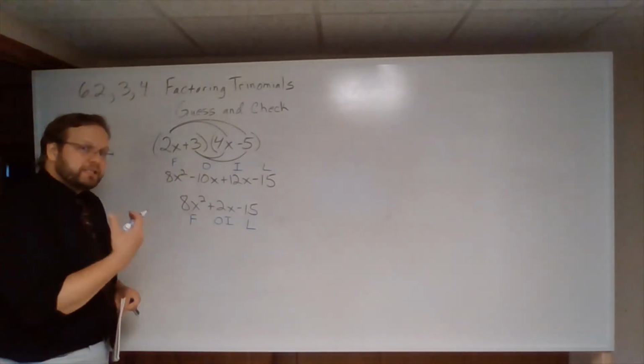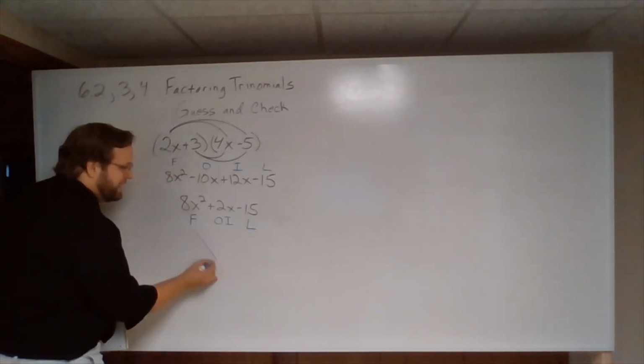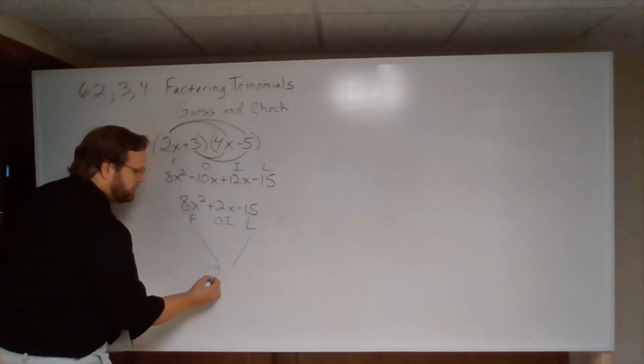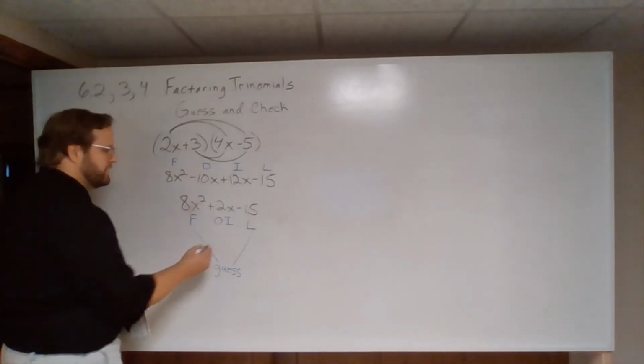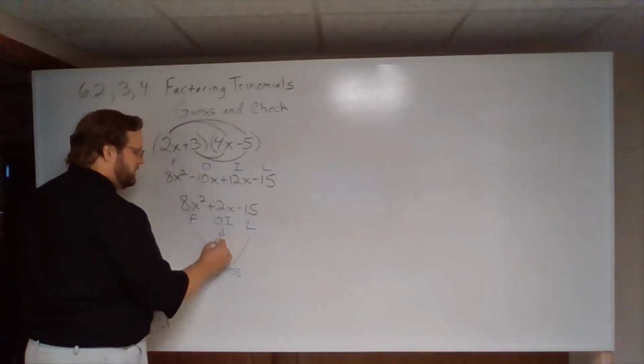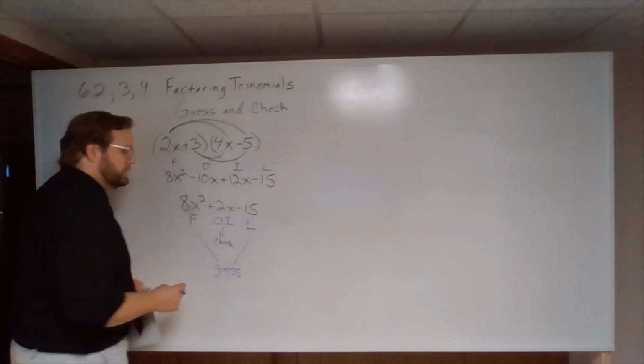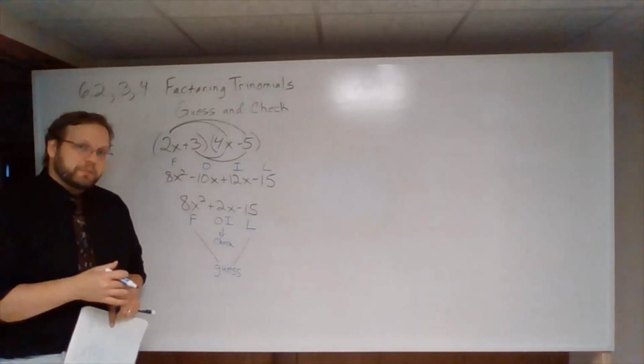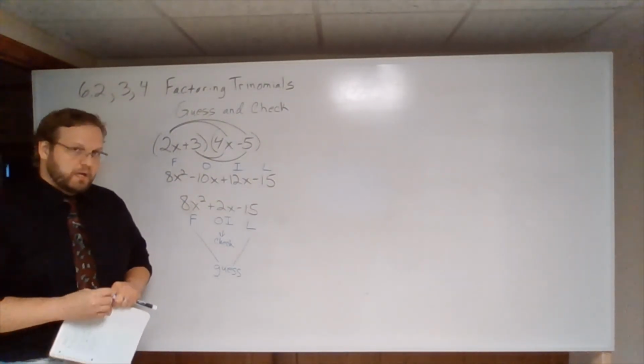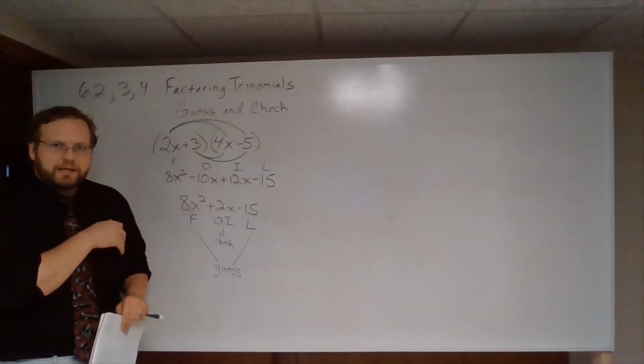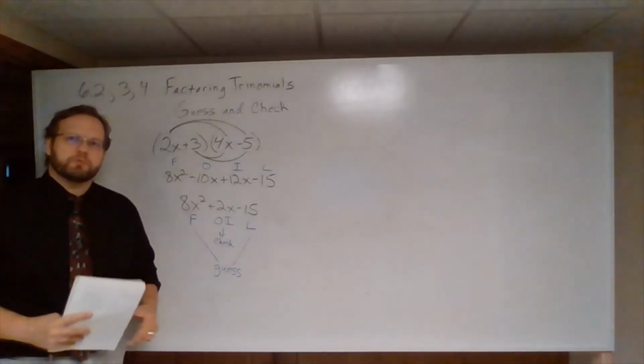The whole idea of guess and check comes from guessing values that will give you the first and the last, and then checking to see if the O and the I in the middle actually come out as well. Okay. Now, when you say guess, a lot of people think, well, I'm just randomly picking numbers out of thin air.